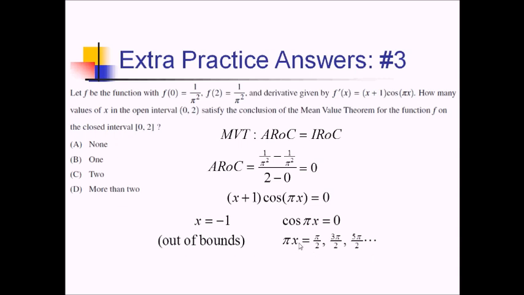So how do we get x? Well, we have to divide by pi. If I do that, I've got 1 over 2, 3 over 2, 5 over 2, and so on and so forth. But now we're asking about the interval from 0 to 2. And there's only two values on that interval here, 1/2 and 3/2. So that means for my answer choice, it's going to be choice C, 2 values.